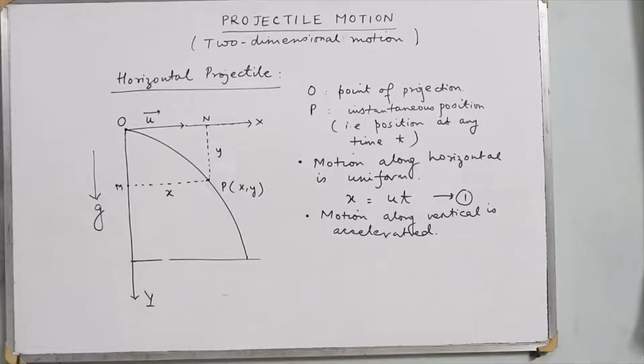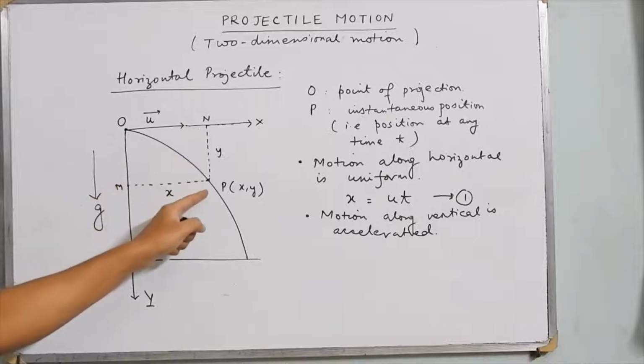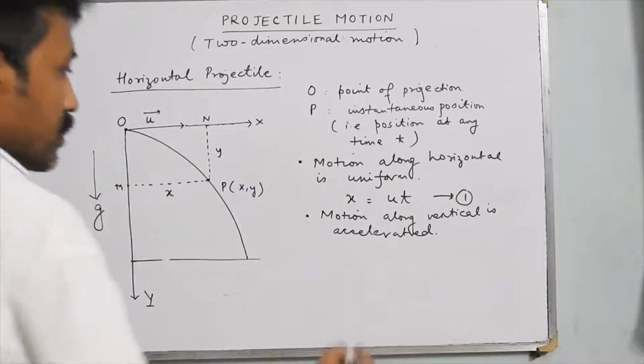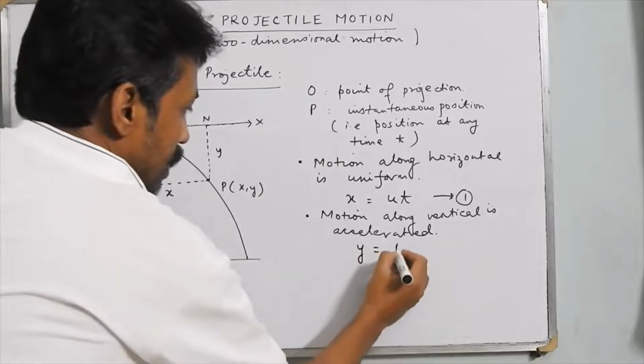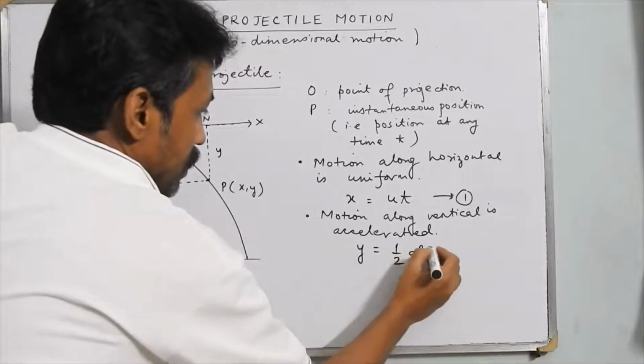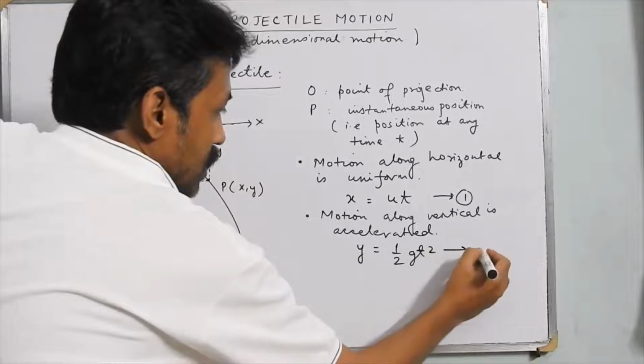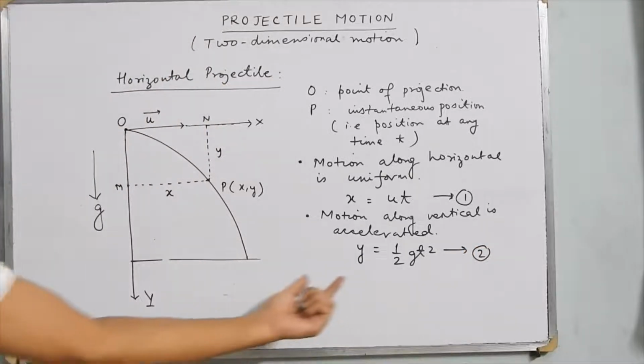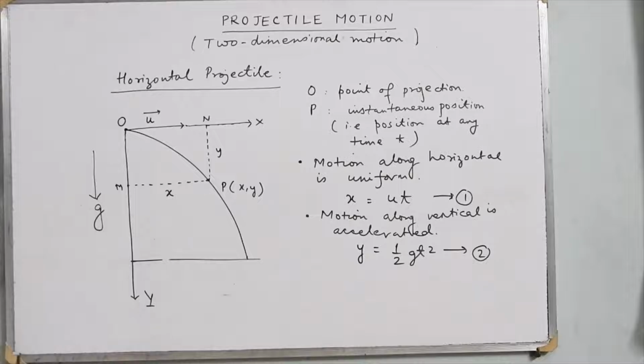So in time t you can say that it has descended a distance y in the vertically downward direction, and so we can write y equal to half g t square. Remember that there is no initial velocity in the vertically downward direction. That's why this becomes y equal to half g t square.